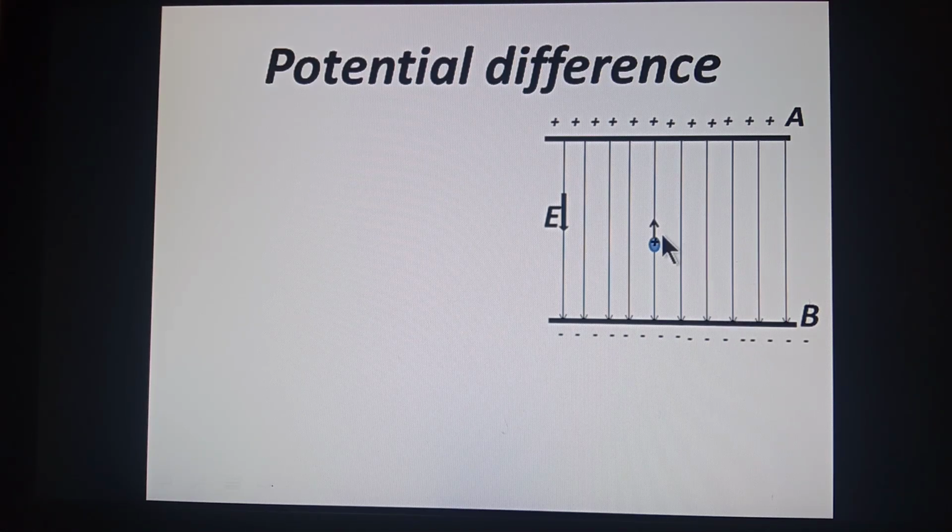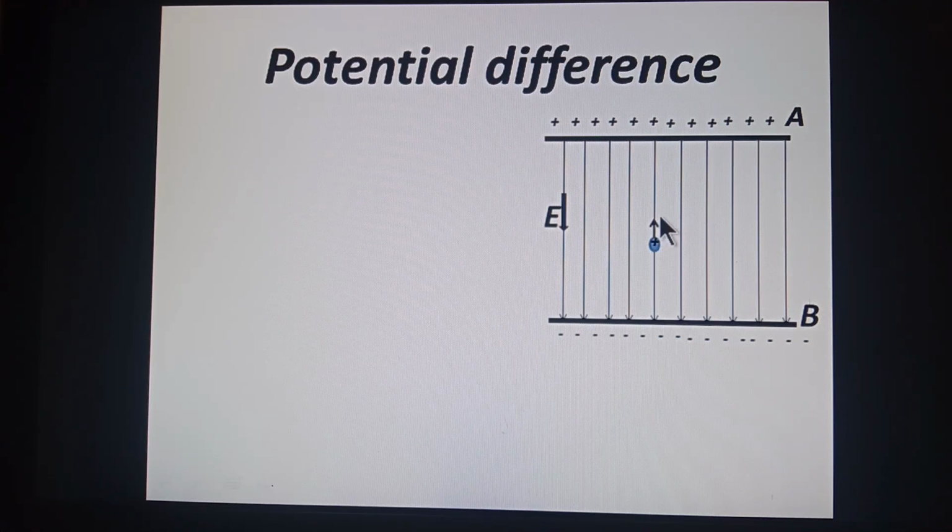Again, we want to move a charge from lower potential, point B, to a higher potential, point A, against the field. The electric potential energy per unit charge at point B is UB and energy per unit charge at point A is UA.